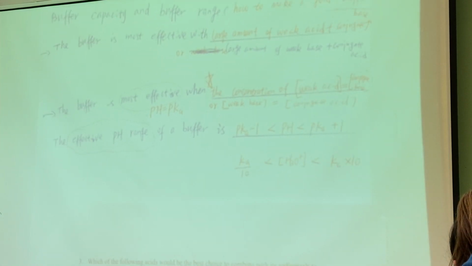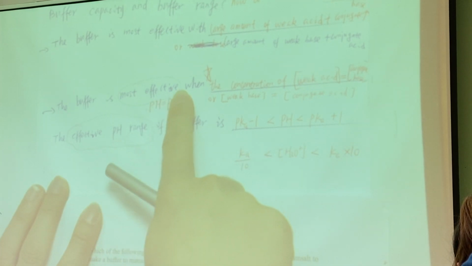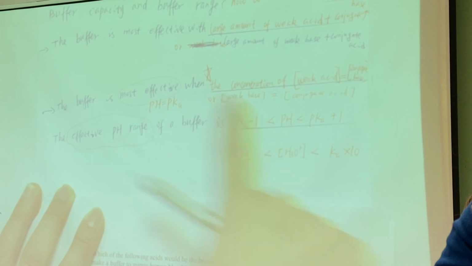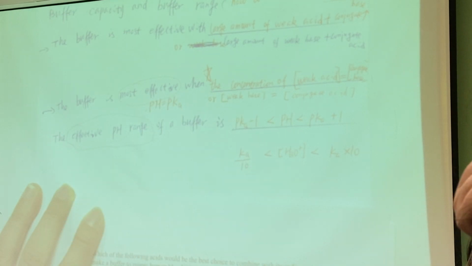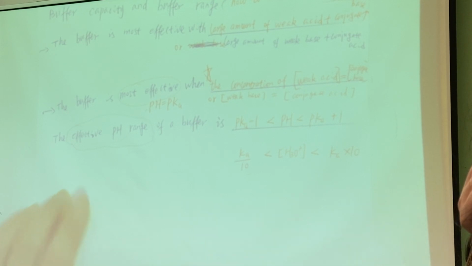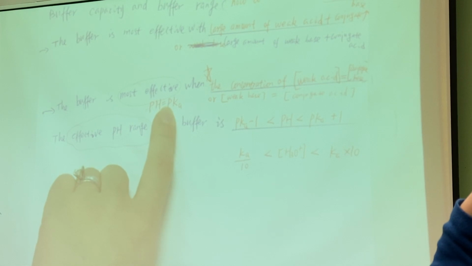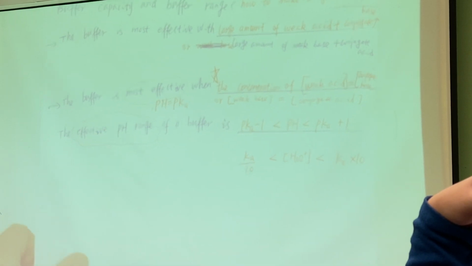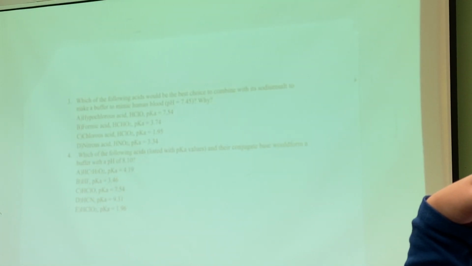So be careful, most effective and effective. Effective is a range. Most effective is just that point. So be careful how the question asks you. If I ask you most effective, only when your pH equals pKa. If I ask you effective range, then it's a range. Okay? So now let's see some examples.